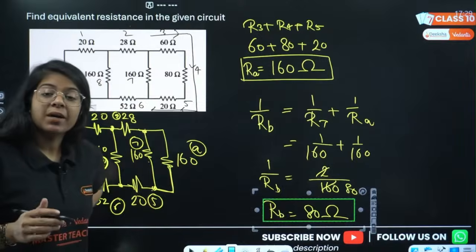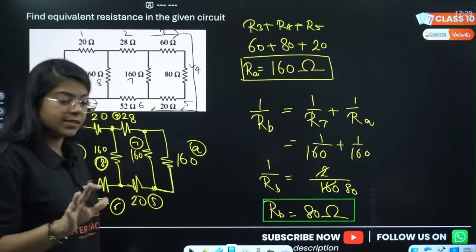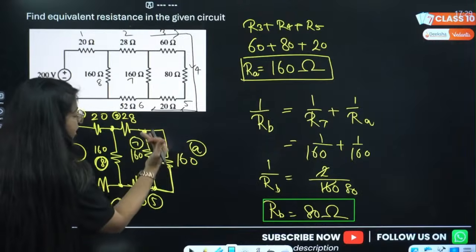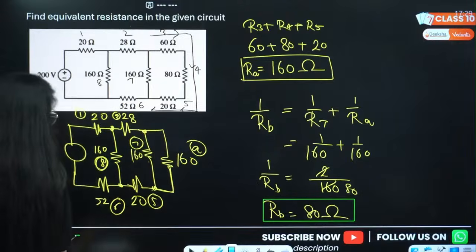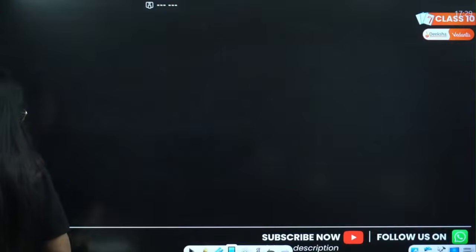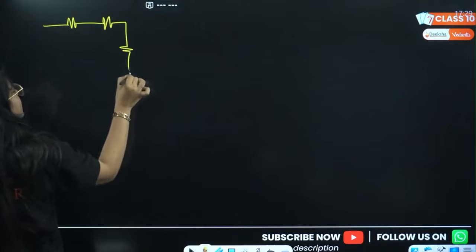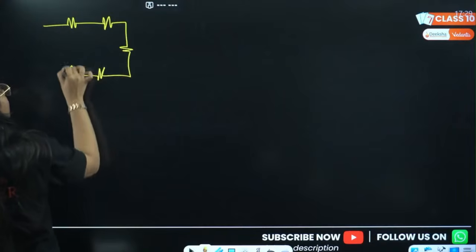Now next step is to again make the circuit. Instead of these 2 resistances, there will be only 1 resistance now. What will happen? This is my diagram now. We have this, and this and this and this.